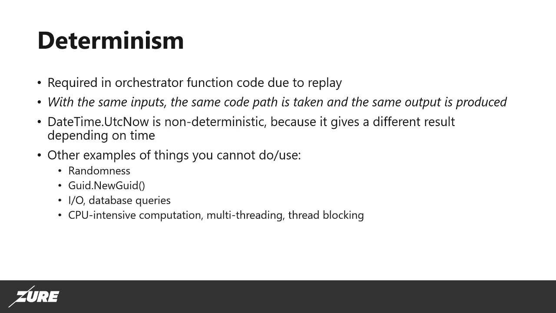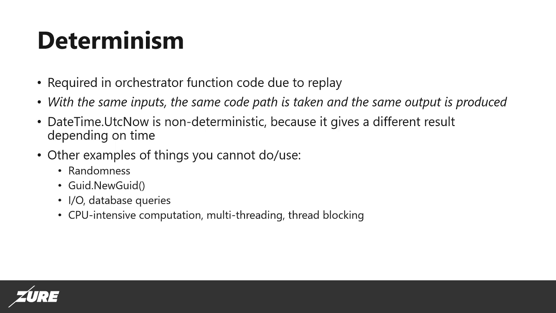Other things that you shouldn't be doing is, of course, random number generation, or GUID.NewGUID, which is also based on a random number generator. You should not be doing I/O or database queries or any kind of CPU-intensive computation, multi-threading, or thread blocking. So these limitations apply only to orchestrator functions.